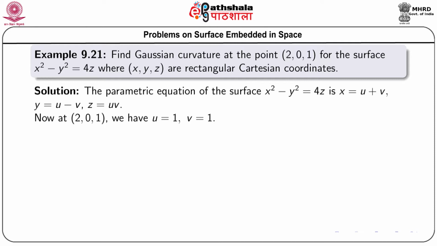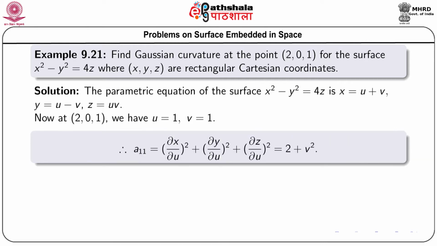So, for curvilinear coordinates we have u equals to 1, v equals to 1. The coefficients of the first fundamental form we can find in this way: a11 equals to del x del u square plus del y del u square plus del z del u square, and if we calculate these things we get 2 plus v square.